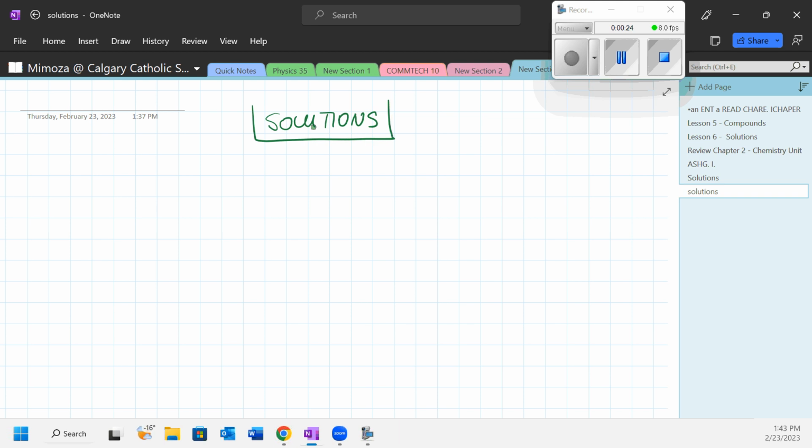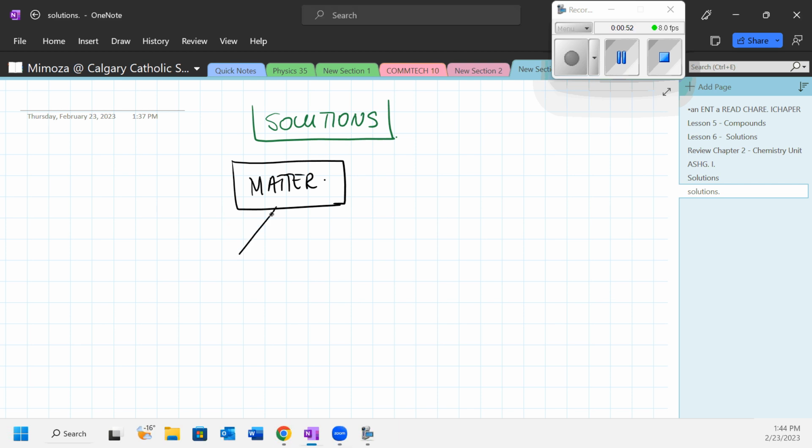Now remember what we said in terms of matter? We said that matter is classified, because the whole point of science is to study matter, to study how matter is formed, what the fundamental particles of matter are.